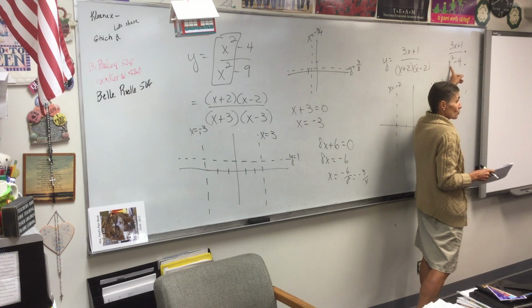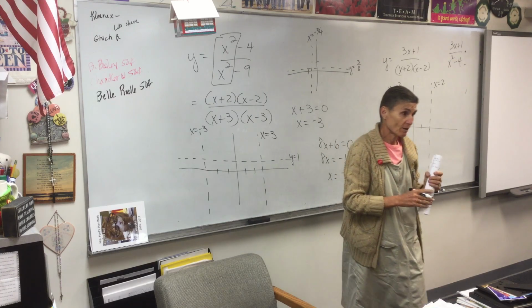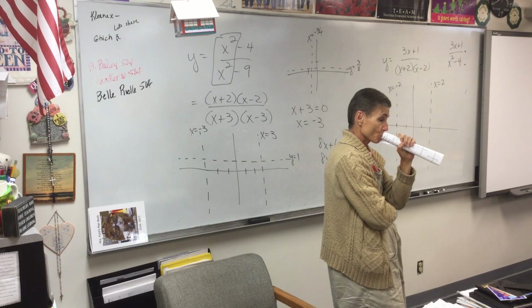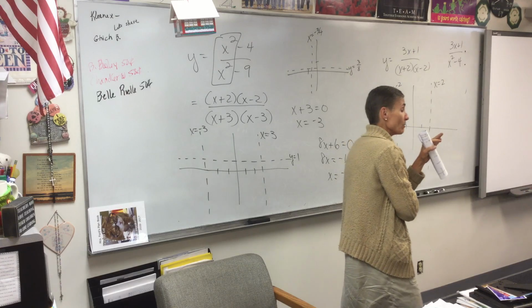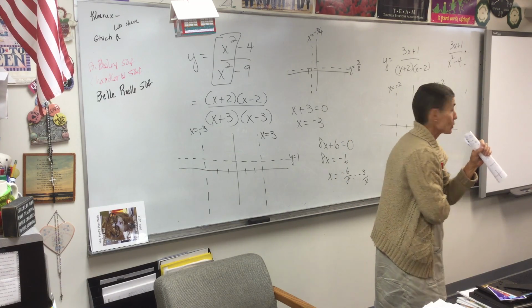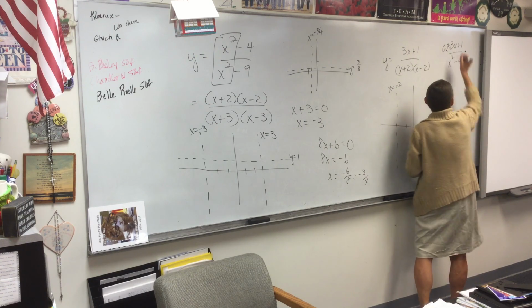This only has a squared on the bottom. So how am I going to figure out the horizontal asymptote? Well, the problem is I don't have any x squareds on the top, right?